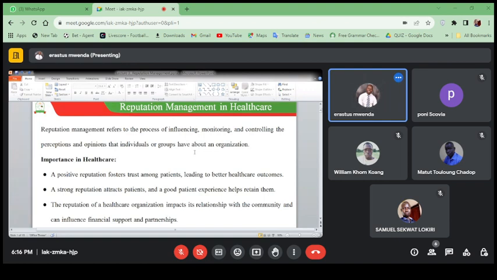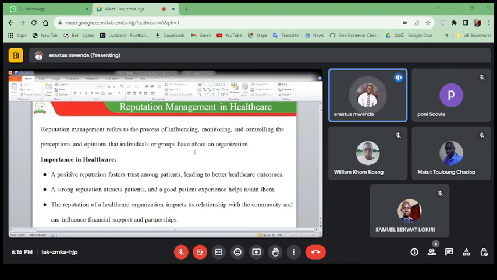So patients need to have trust that when they come to you for whatever service, you're going to meet their needs. And also, once we have a strong reputation, we will be able to attract patients. We could also be receiving new patients.